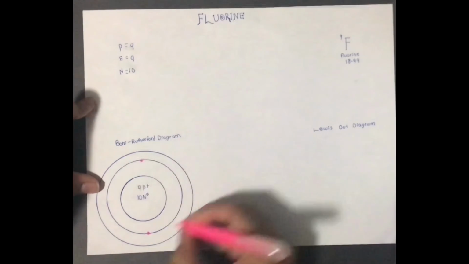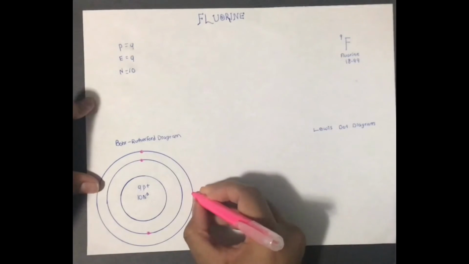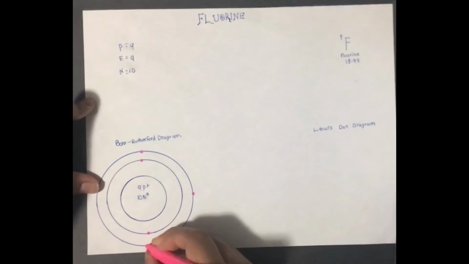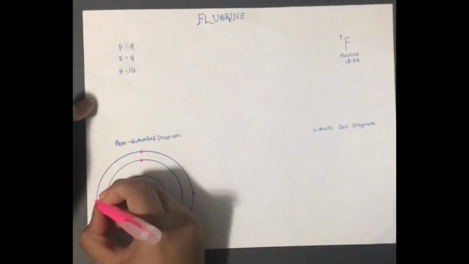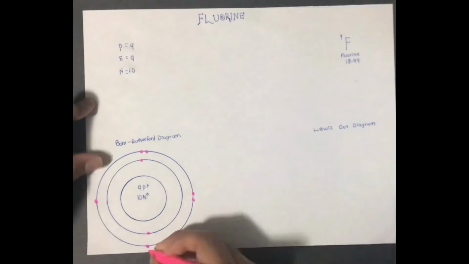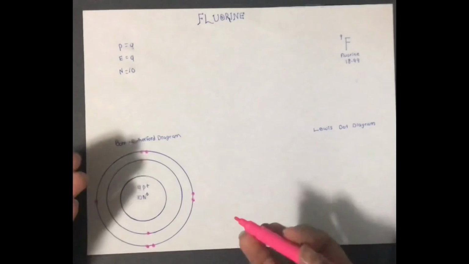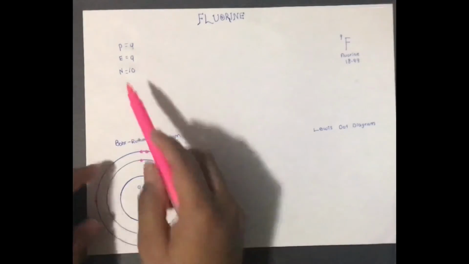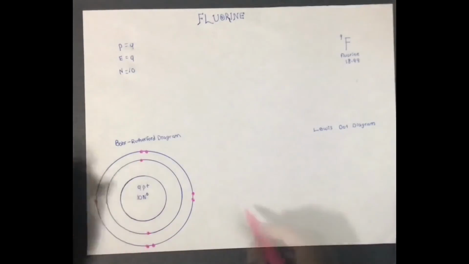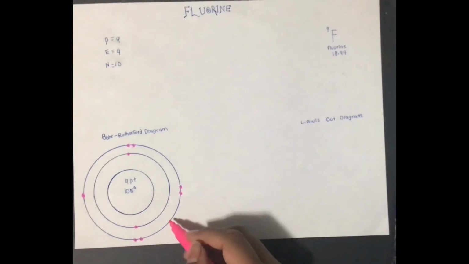So clockwise for the second one. So 3, 4, 5, 6, 7, 8, and 9. The reason why we drew 9 electrons is because there's only 9 electrons for fluorine. Okay, so this is how your Bohr-Rutherford diagram should look like.